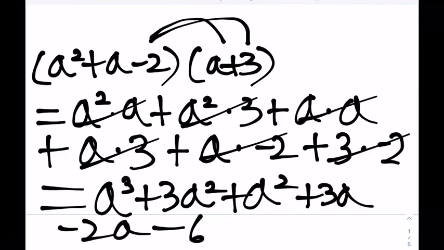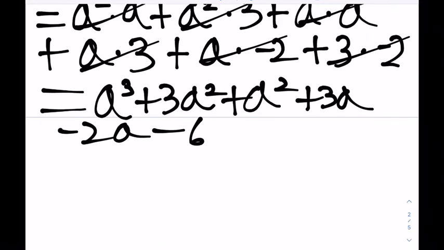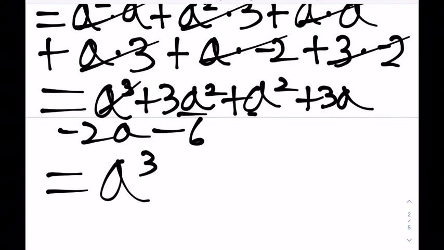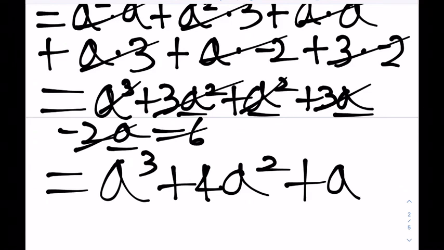And if we simplify this again, we got a to the power of 3. You got the same term here, so we combine them, and then that will be 4a squared. We also got the same term here, 3a and -2a, so that will be just a. And we got the -6, so -6 will be this here.